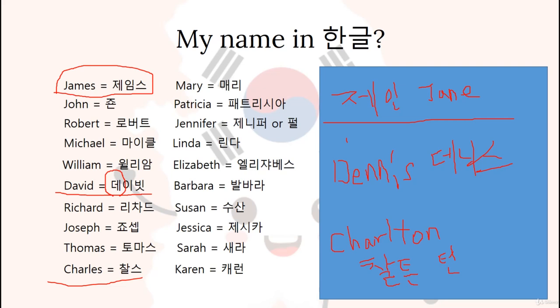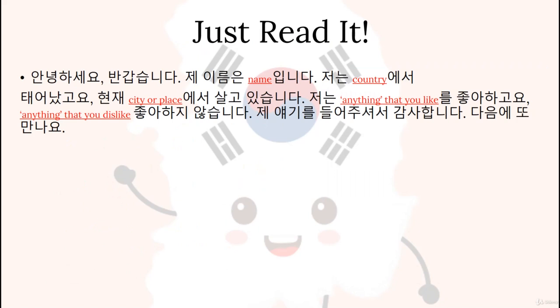Okay. So for our final slide for this lesson, we're just gonna read Korean. You might not understand what this is, but we're just gonna read it because I know you can read it now. All the contents that we have learned from lessons 1, 2 and 3.